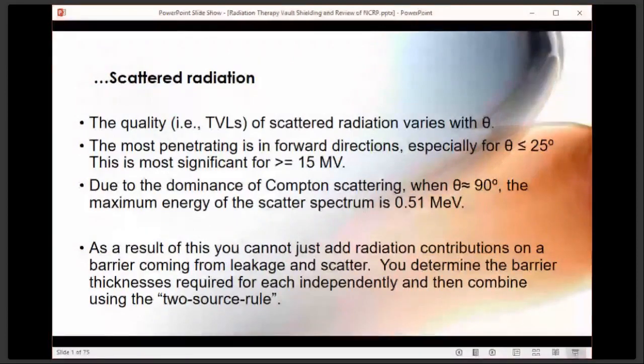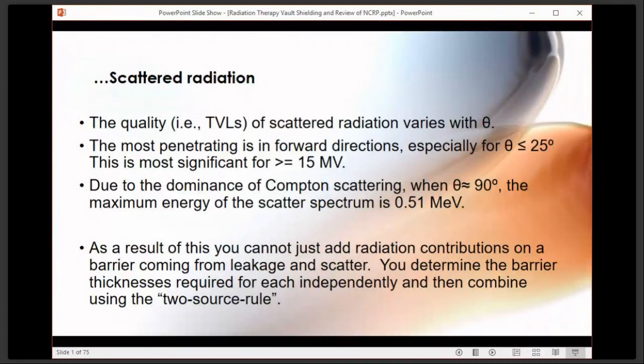And due to the fact that Compton is the dominant scattering mechanism, when theta goes over to 90 degrees, the maximum energy of the scattered energy spectrum is 0.51 MeV. So no matter what you started off with, at 90 degrees, you've got a fairly low energy beam. And at 135 degrees, it's even lower.